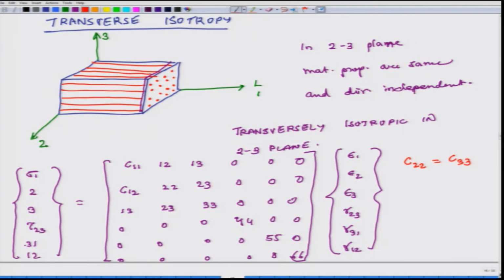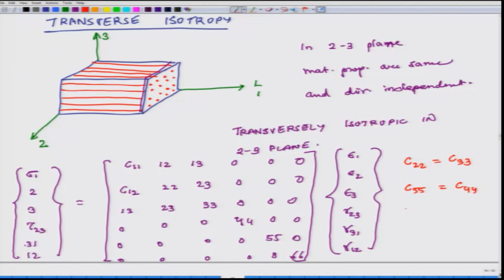This is one. Similarly, if I exert a shear stress on this in the 1-3 plane or in 2-3 plane, then again the shear moduli will be same, and what that means is that C55 should be same as C44. This is based on the type of material we are talking about here.